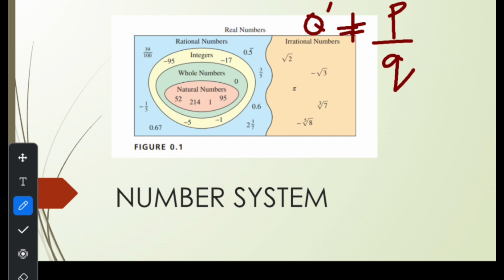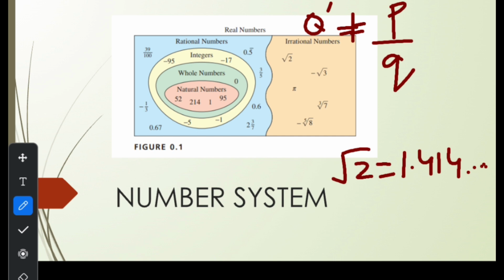Take the example of square root of 2. If you use a calculator, you'll see that square root of 2 results in non-terminating, non-recurring numbers which are not the same after the decimal, and you cannot express them as a fraction. 1.414 and dot dot dot indicates that there are many numbers after 4, and even if you remove this decimal, you may have plenty of numbers in the denominator.